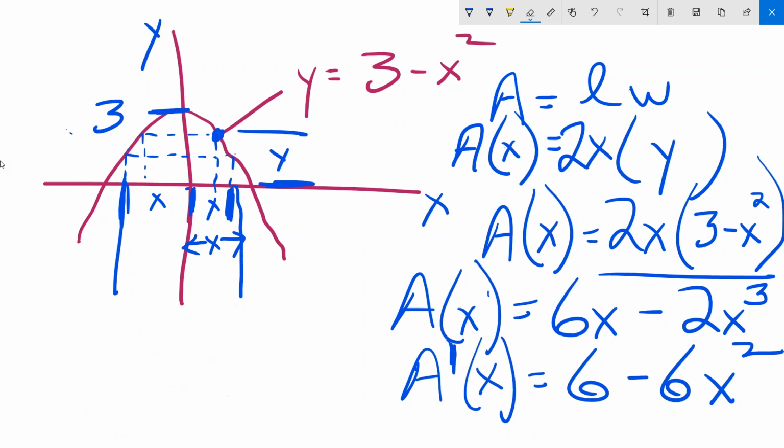Okay, so we're going to set this equal to 0. So we got 0 equals 6 minus 6x squared. Solve that. That's fine, go ahead and do it that way.